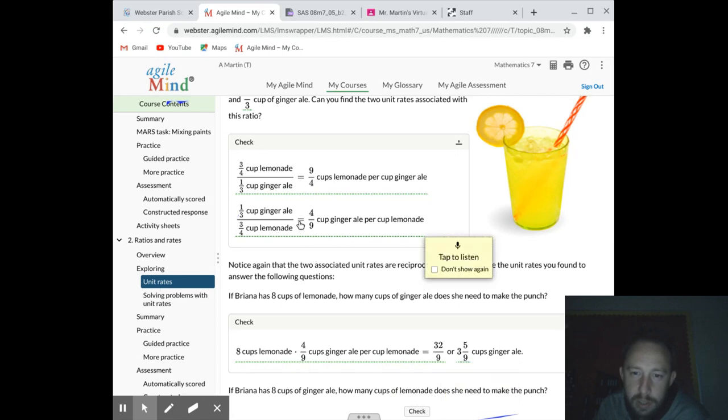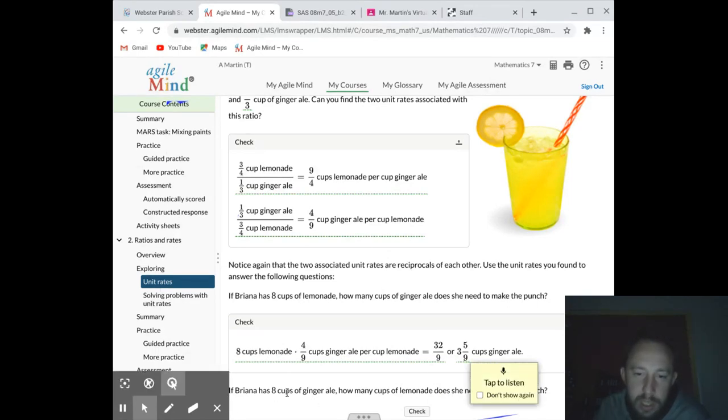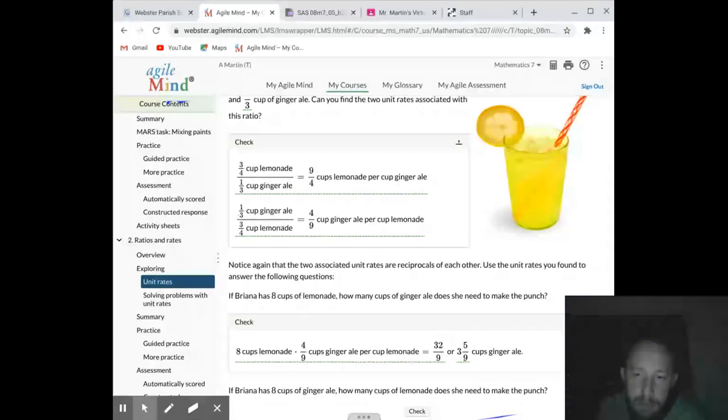All right, so 4 ninths is going to give us what we did up here to find how many cups of ginger ale we need, but we already know how many cups of ginger ale we need. So we're trying to figure out how many cups of lemonade we need. So what do we need to do? You can help her out, but don't say the answer. Try to tell her what to do without saying the answer.